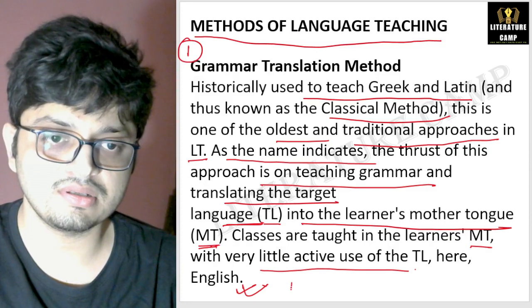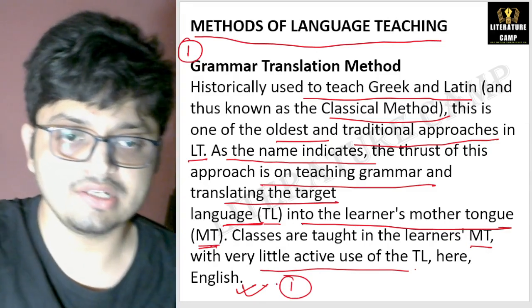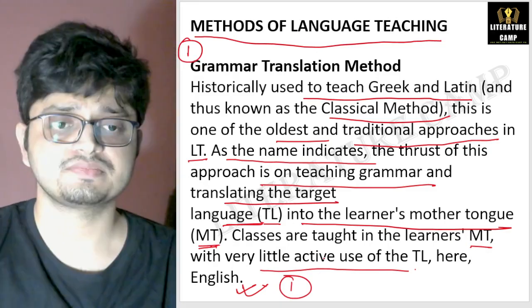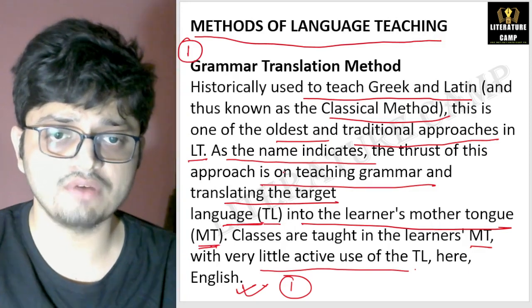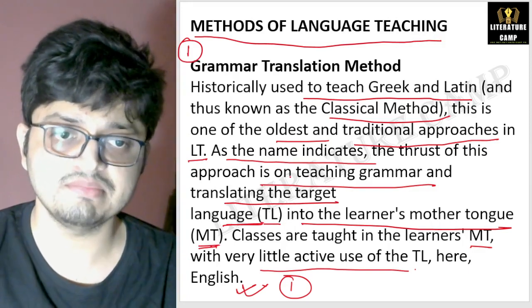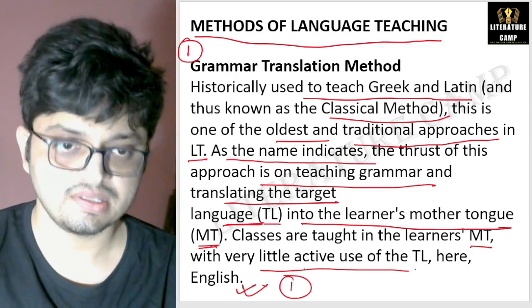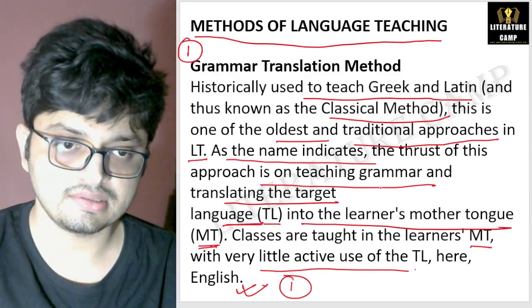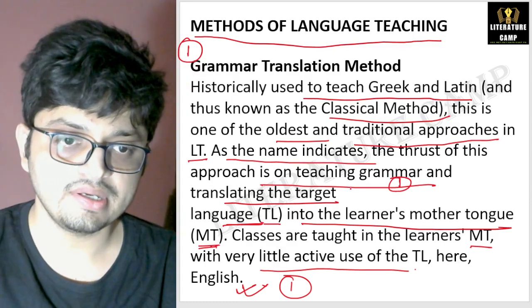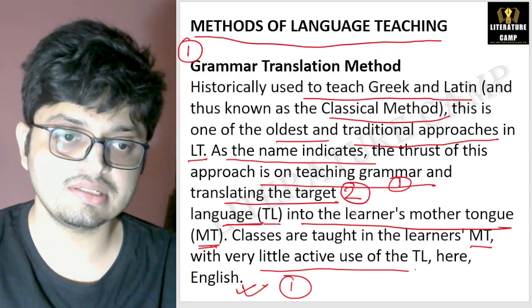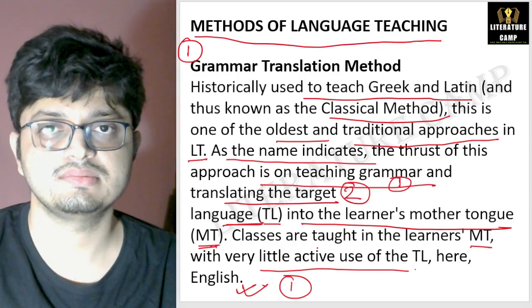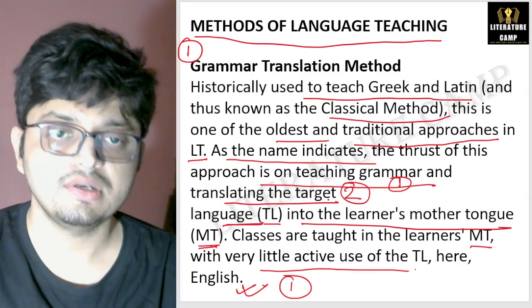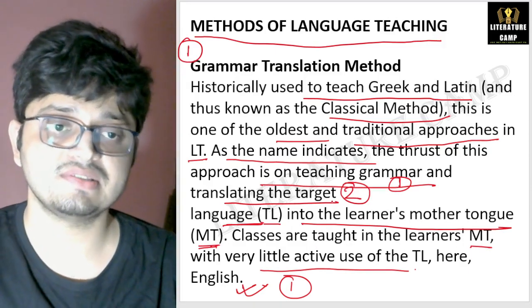So the number one point that you need to remember is that the focus of this grammar translation method is on grammar teaching, right? This is number one. Second point is translating it into the mother tongue. That is all about the grammar translation method.